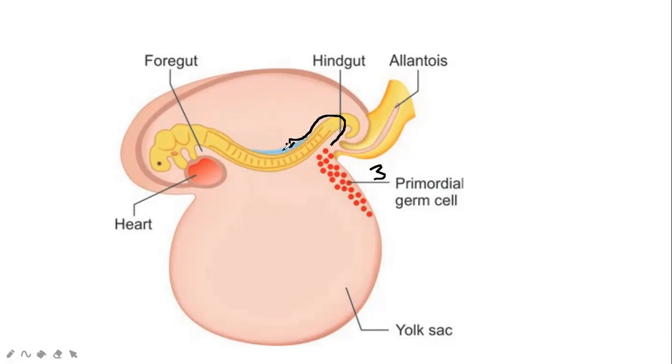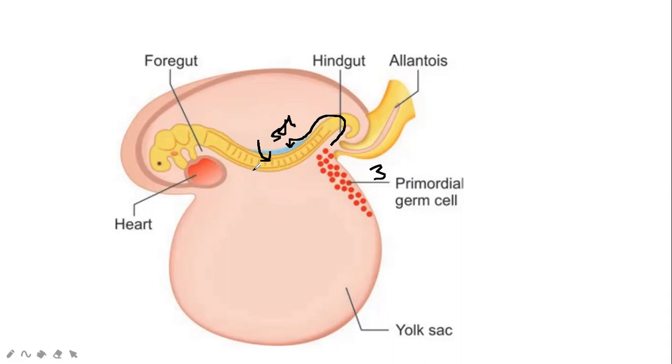They reach the gonads by the 5th week. Then by the 6th week, they actually enter the gonads, and they cause the differentiation of the gonads into either the testes or the ovary. Even from your reproductive physiology, before the 6th week we have the indifferent gonads.